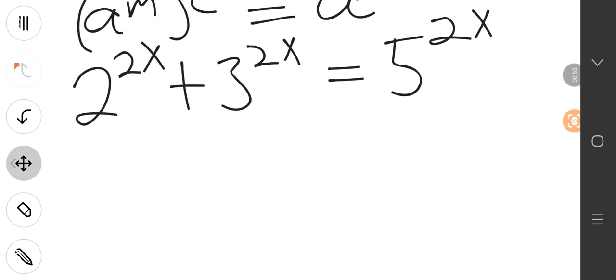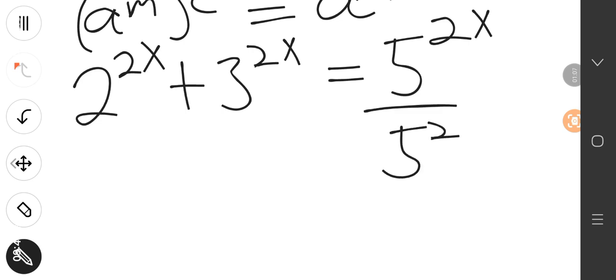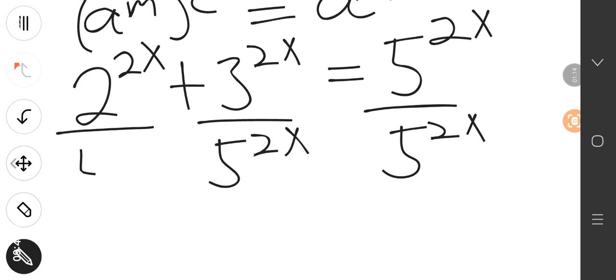Now the next thing we are going to do is to divide each term by 5 exponent 2x. So you're going to divide each of the numbers by 5 exponent 2x. We divide here by 5 exponent 2x, here by 5 exponent 2x, and here by 5 exponent 2x.